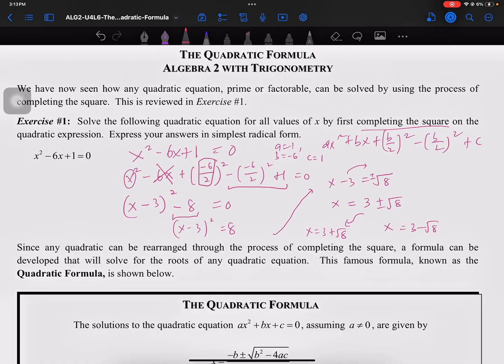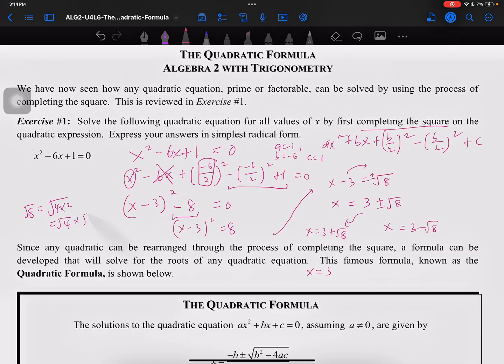Now you can also simplify the root 8 to simplest radical form, which is x equal to 3 plus minus. Okay, root 8 is root 4 times 2.